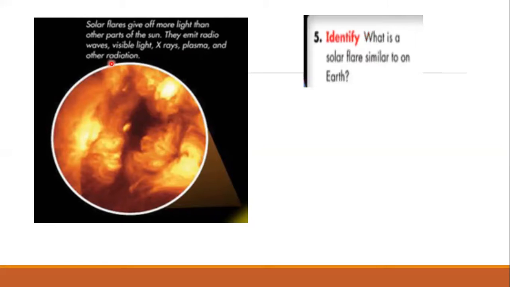Now here, I identify what a solar flare is similar to on Earth. As I told you yesterday, if you remember, like volcanoes. Excellent.